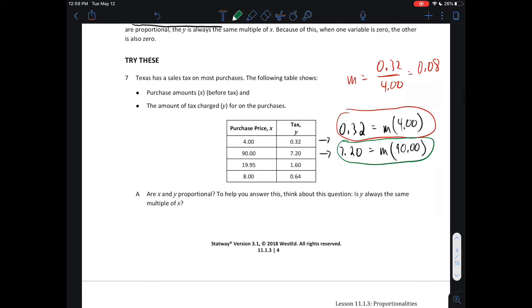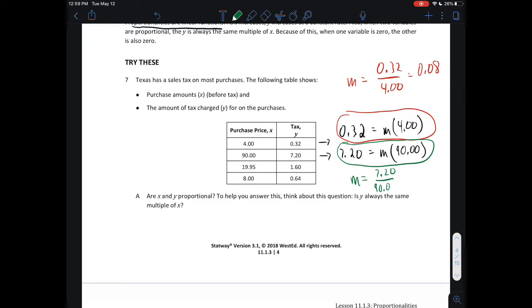Here I would have M is equal to the Y value, which is $7.20, divided by $90.00. Take out your calculator, 7.20 divided by 90.00, and what do you get? 0.08. Now just see if that's true for the other ones.